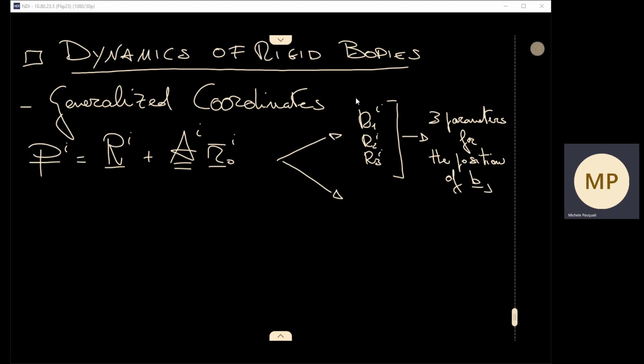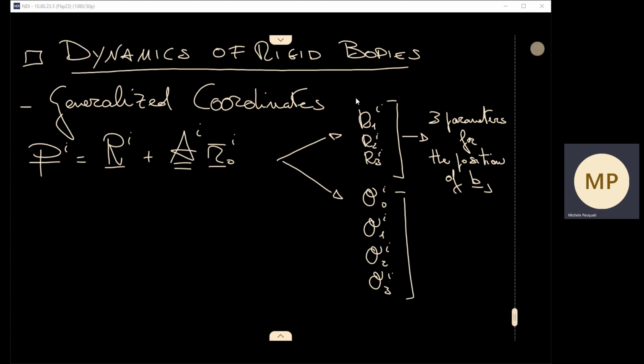And then, depending on the parameterization, we can either have 3 or 4 parameters for the attitude. For example, in terms of Euler's parameters, here we have theta 0, theta 1, theta 2, and theta 3.